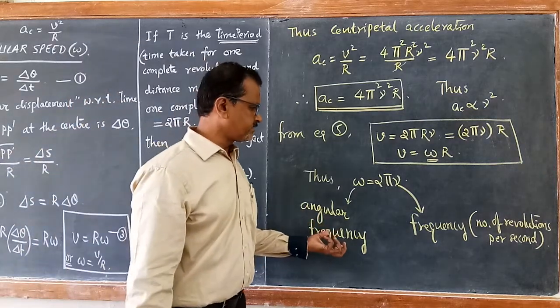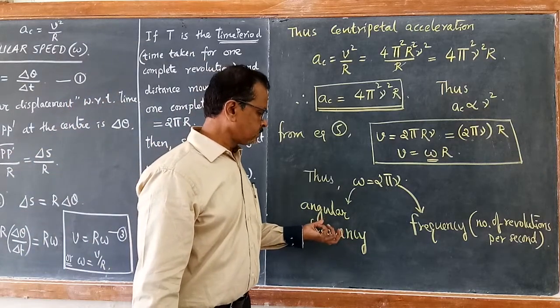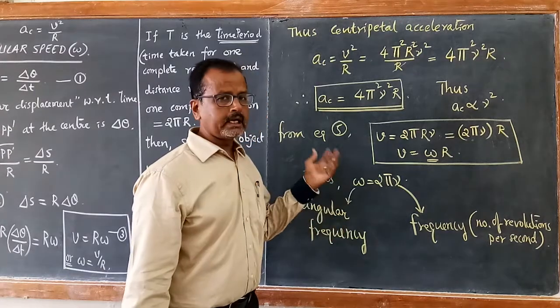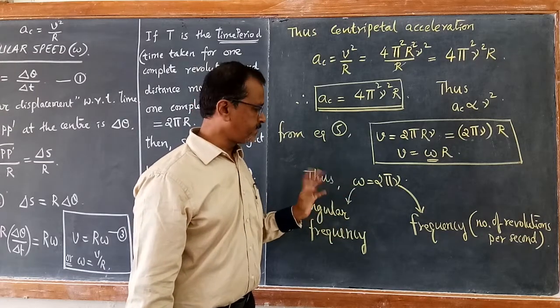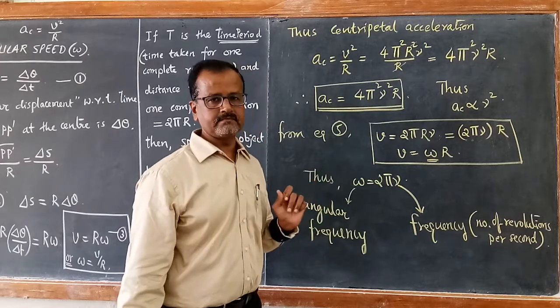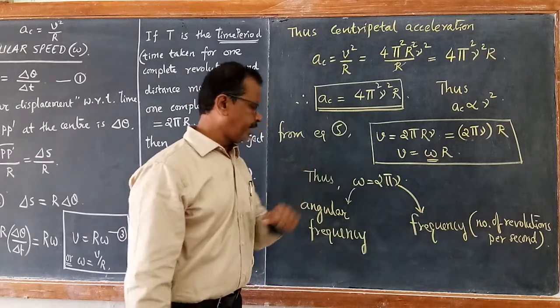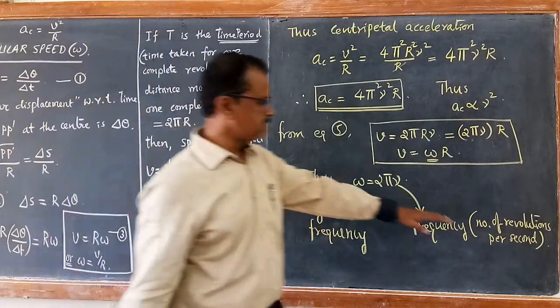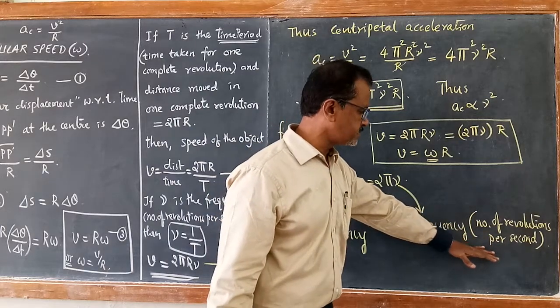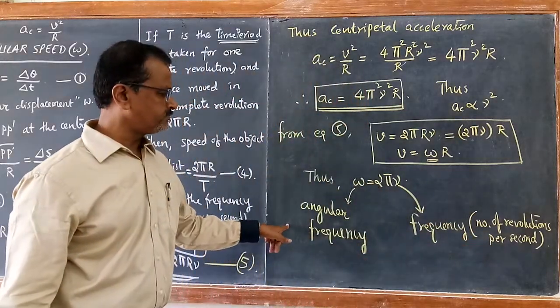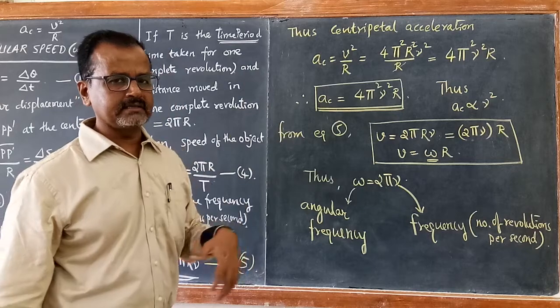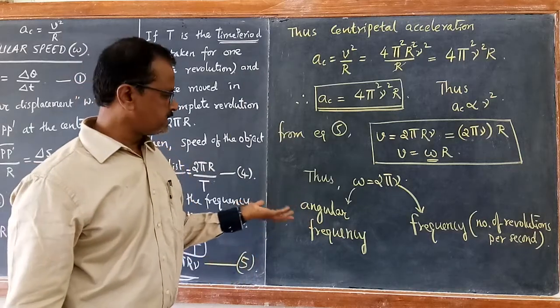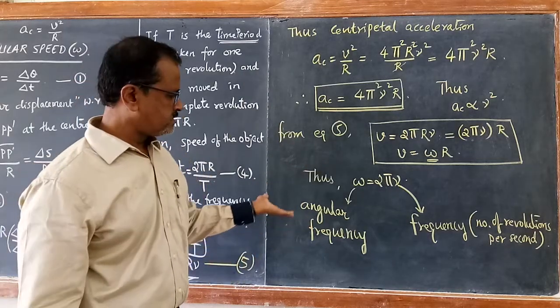Angular frequency is defined as the total angle covered by the particle per second. Here it is in terms of number of revolutions per second. Here it will be in terms of angle covered per second. That is angular speed itself.